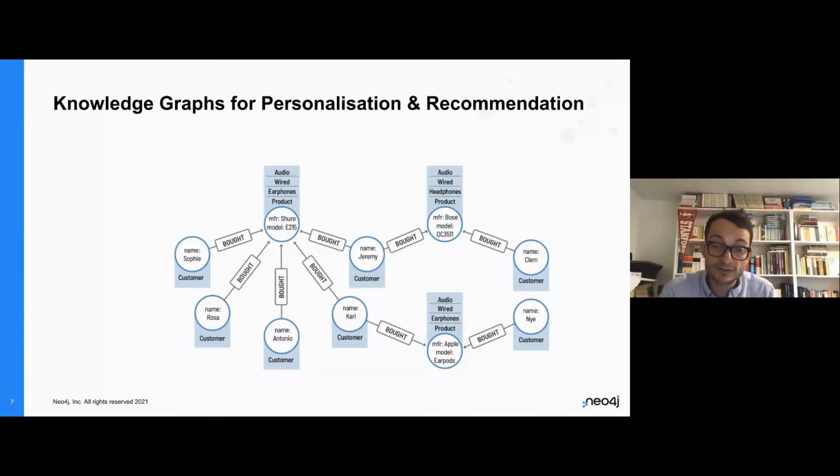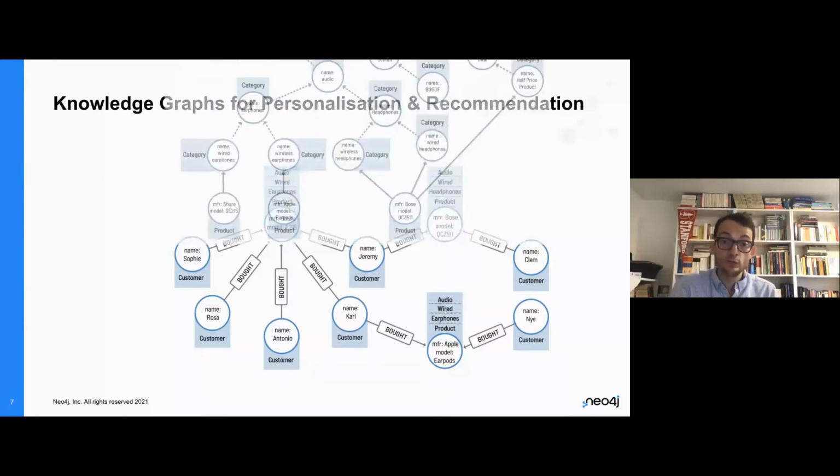And I thought I'd put a simple example here, for example, of purchases by customers. We see nodes representing customers and the electronics that they've bought. And you see that, for example, some of them have bought the Apple AirPods and all the different models. And these products are tagged with categories, like this is a product, this is an earphone, this is a wireless type, it's an audio piece of equipment. But this information is not structured, and some additional structure would help me run some more sophisticated use of this data.